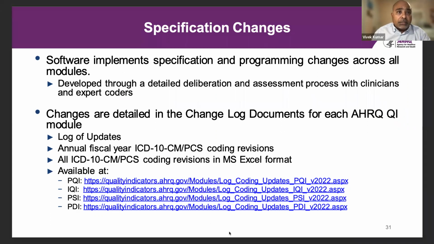Along with the changelog documents, we continue to publish 2 additional supporting documents, annual fiscal year coding revisions, and an Excel version of the coding revisions. We started publishing them last year with version 2021. We hope you found them useful and will continue to support those. The location on the website for each module is listed above on the slide.